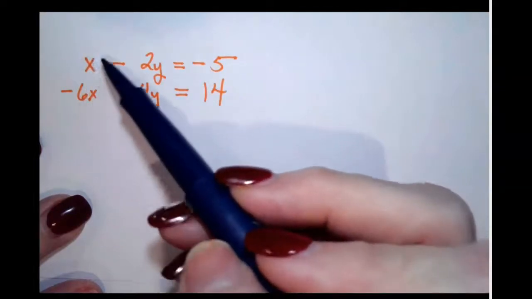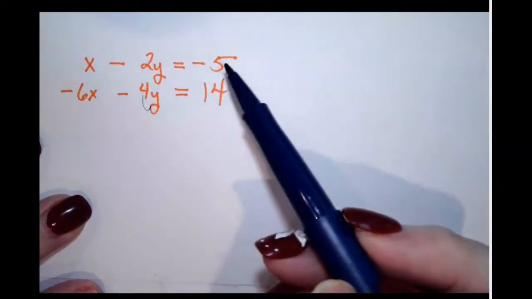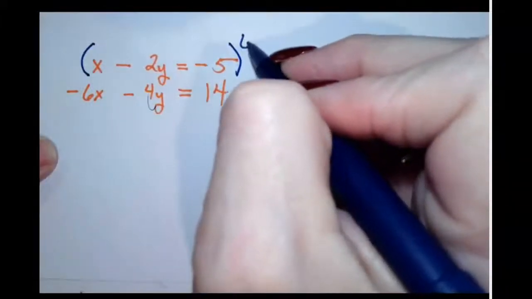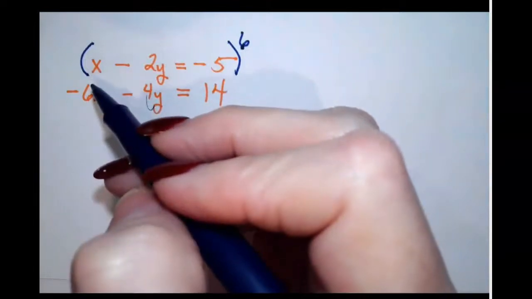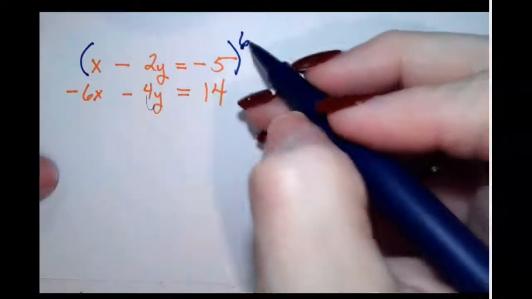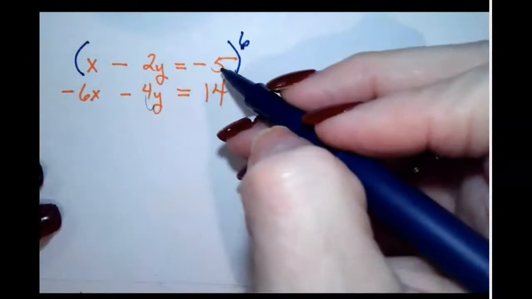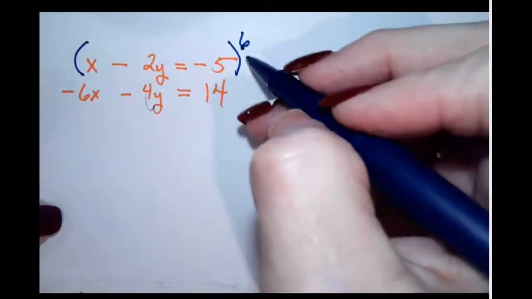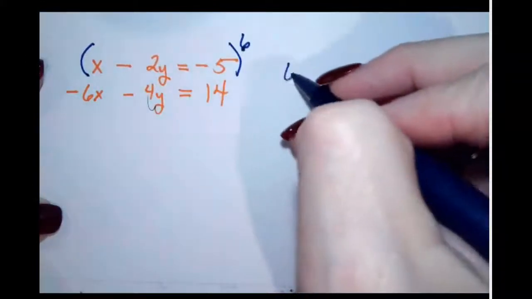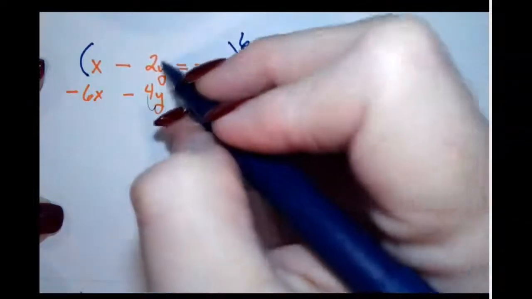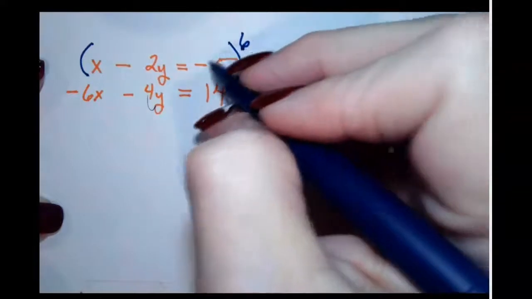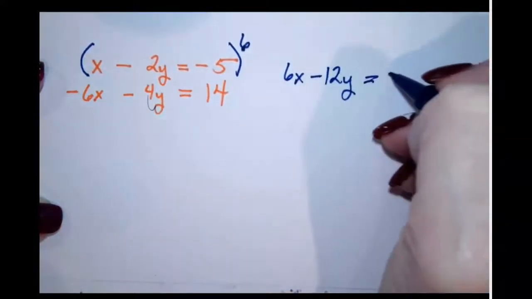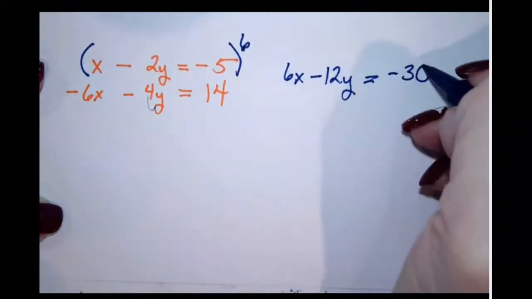And I thought, you know, if I multiplied everything here by a 6, what would happen to the x's? Well, let's see. If I multiply every single piece of this by 6, so 6 times x, 6x. 6 times negative 2, negative 12y, and 6 times negative 5. That's negative 30, isn't it?